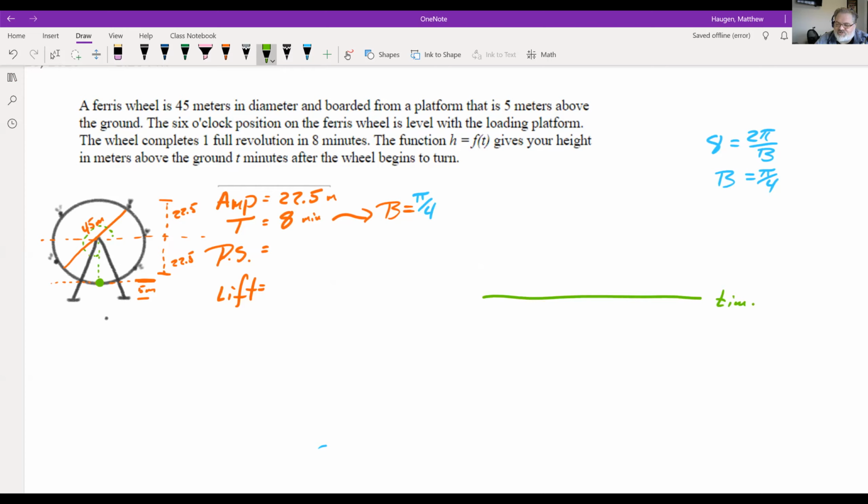So if we want to start at that 6 o'clock position from our equilibrium point, which we still have to find, that just means you're starting low. So that just tells us, okay, we're going to want maybe a negative cosine.